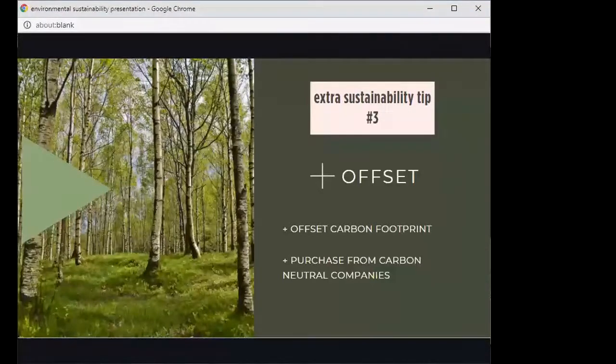It's essentially investing in carbon reducing and carbon absorbing projects in order to counteract the amount of carbon that we're producing annually. These projects can be things like tree planting and infrastructure improvements that can result in carbon either being absorbed back from the atmosphere or preventing additional carbon in the future.